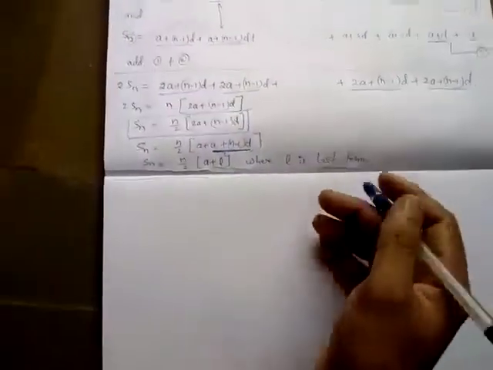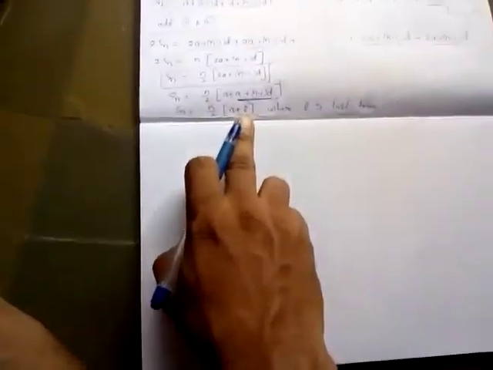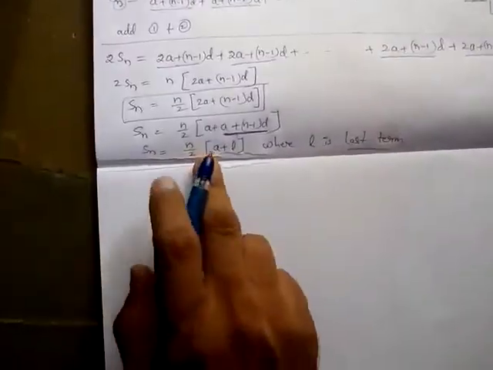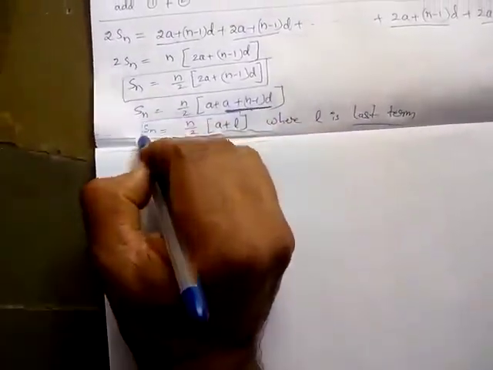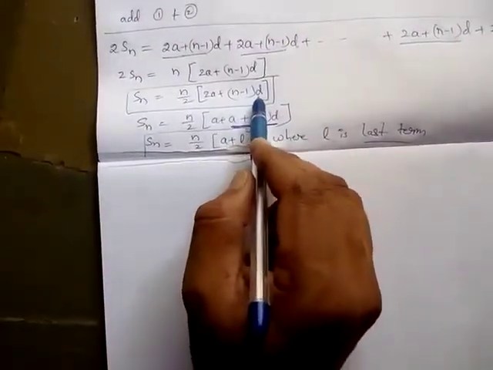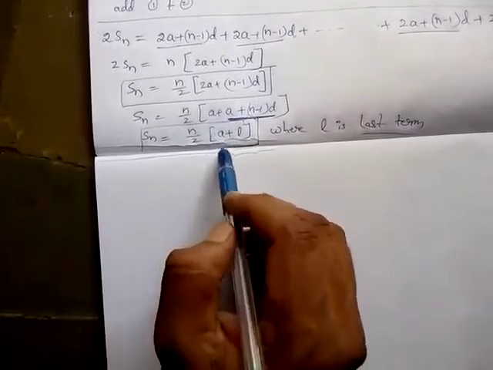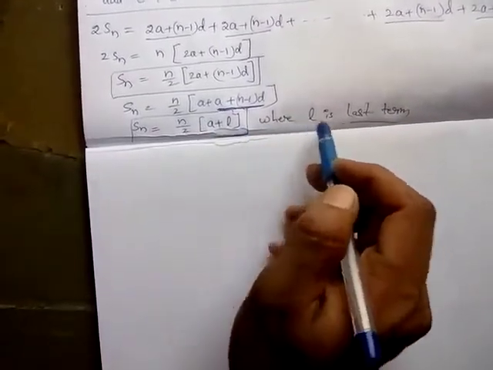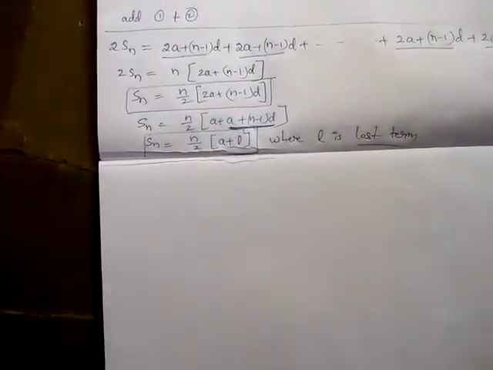If a series is given, its last term is denoted with L. So this is also a formula: Sn is equal to n by 2 into 2A plus n minus 1 into D, and Sn is equal to n by 2 into A plus L, where L is the last term.